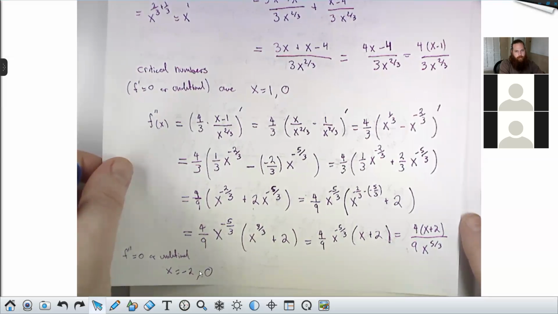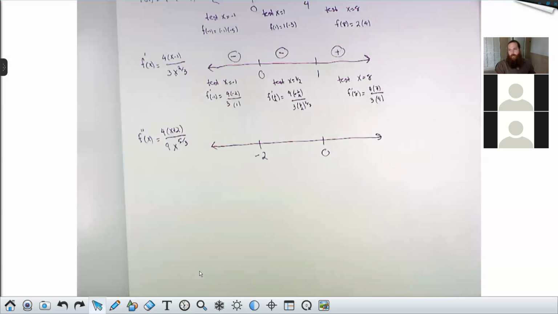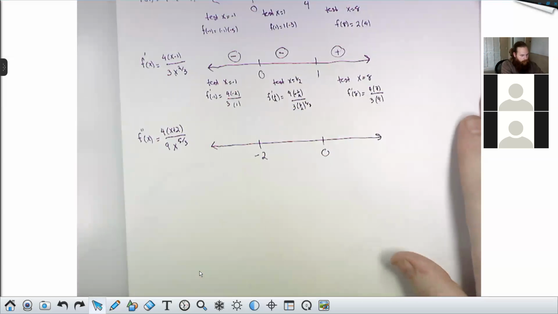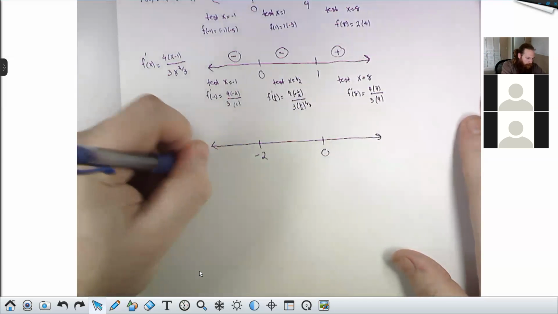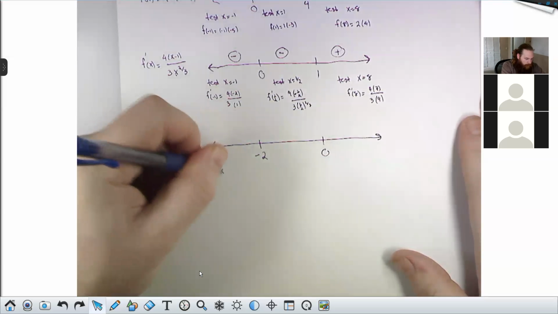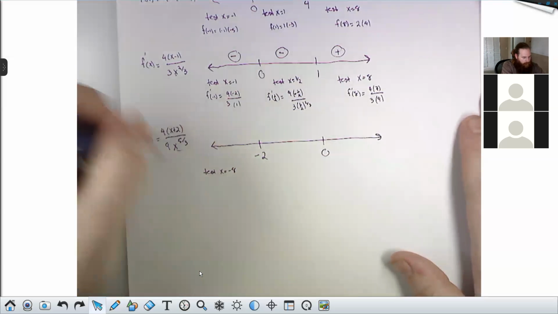The factor that we are able to sneak out of the thing is x plus 2, not x minus 2. So negative 2 is our number for the number line there. So we need to test something to the left of negative 2. I want it to be a perfect cube to make the bottom nice, so I'll test x equals negative 8.